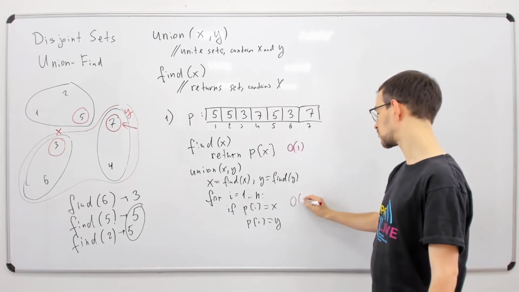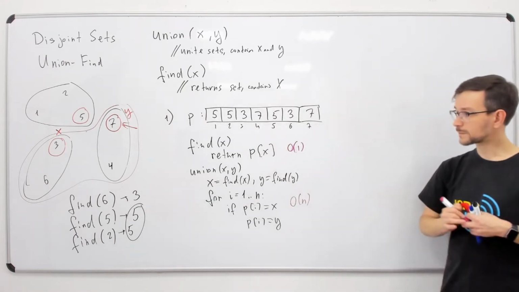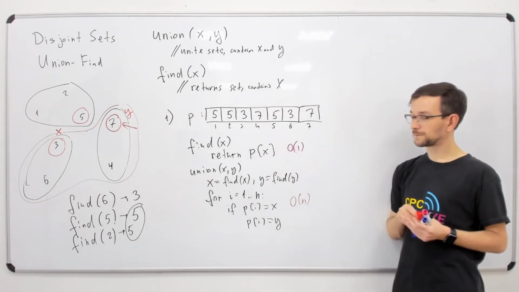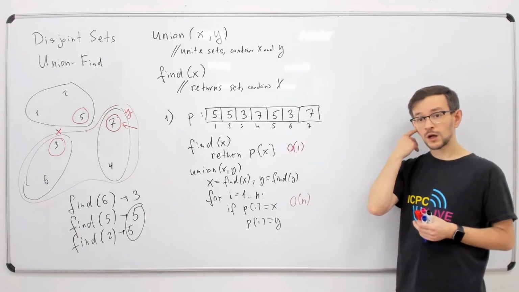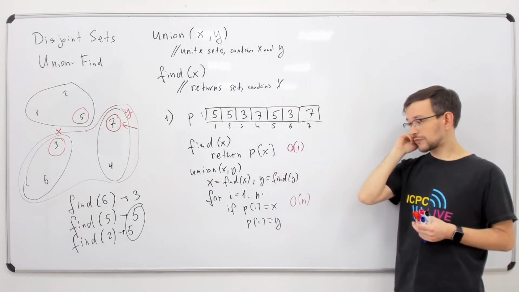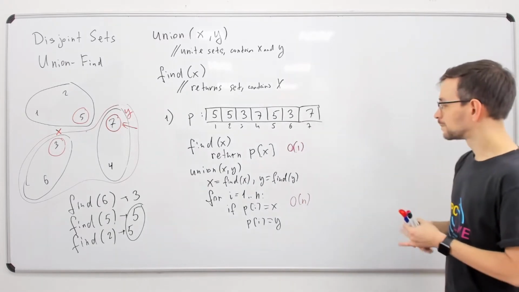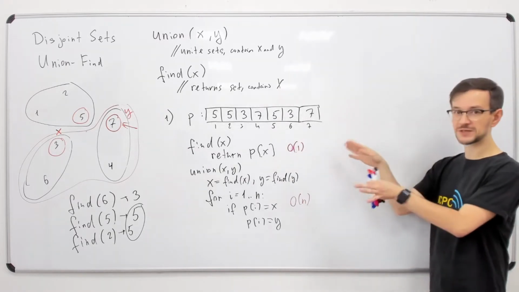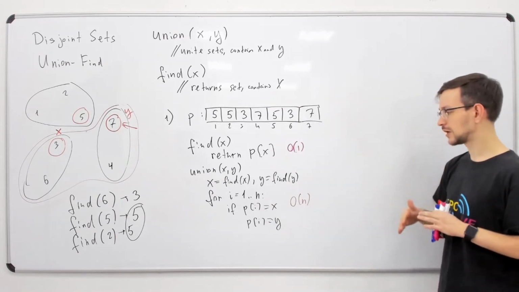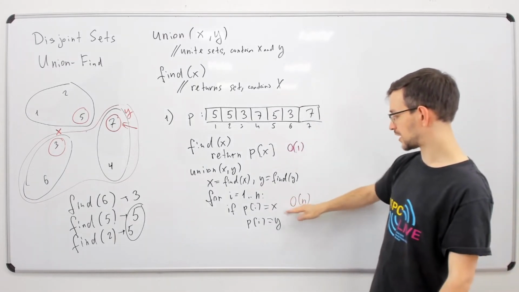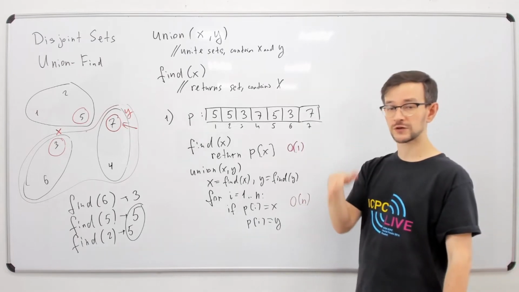So it's big O of n. Yes, we will definitely prove it later. That's just the first version. That's the simplest implementation of the disjoint set. It's quite bad because union takes linear time, and we don't want to spend linear time.